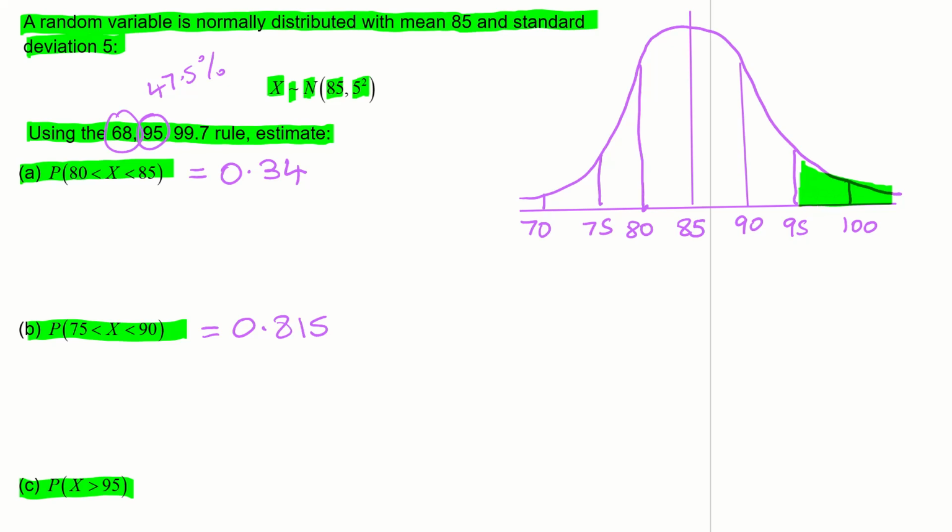Now, 95, that's 2 standard deviations up. If we also considered this bit here, because we know in between 75 and 95 must be 95%, that tells us there must be 2.5% at either end. So this is going to be 0.025.